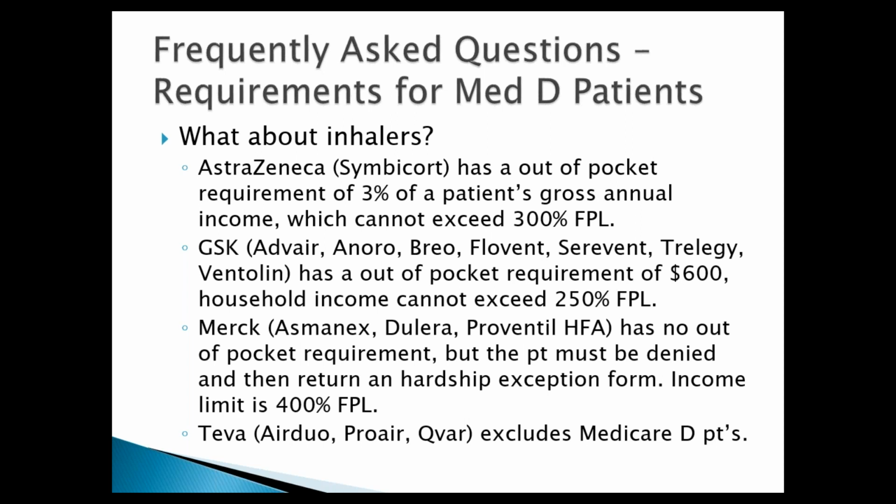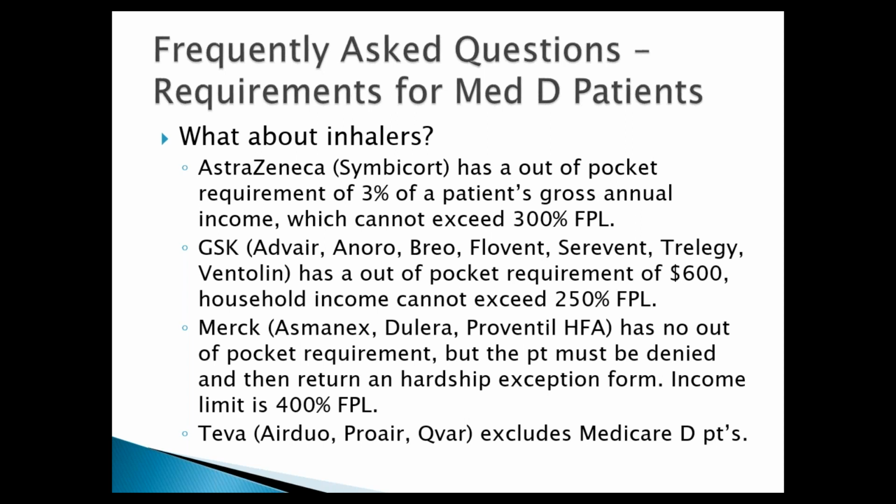GSK, which is Advair and Flovent and Ventolin, has an out-of-pocket requirement of $600. The one that doesn't is Merck, and they provide Asthmanex, Dulera, Proventil. They have no out-of-pocket requirement.